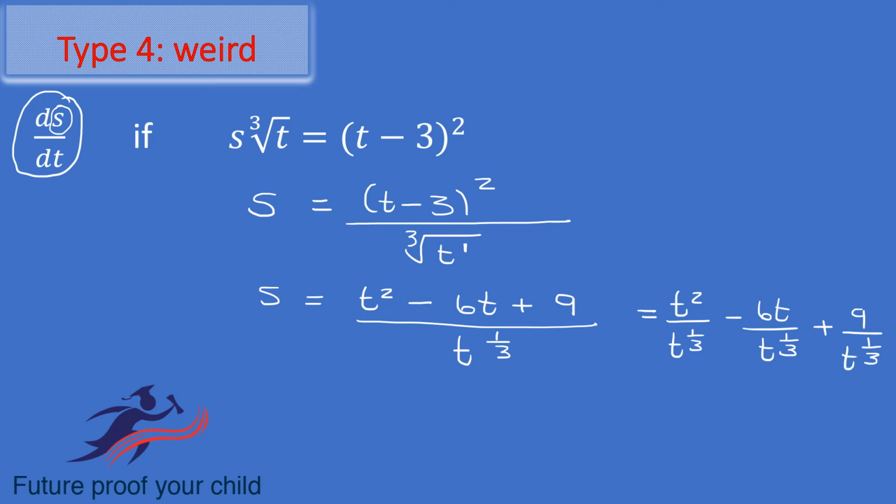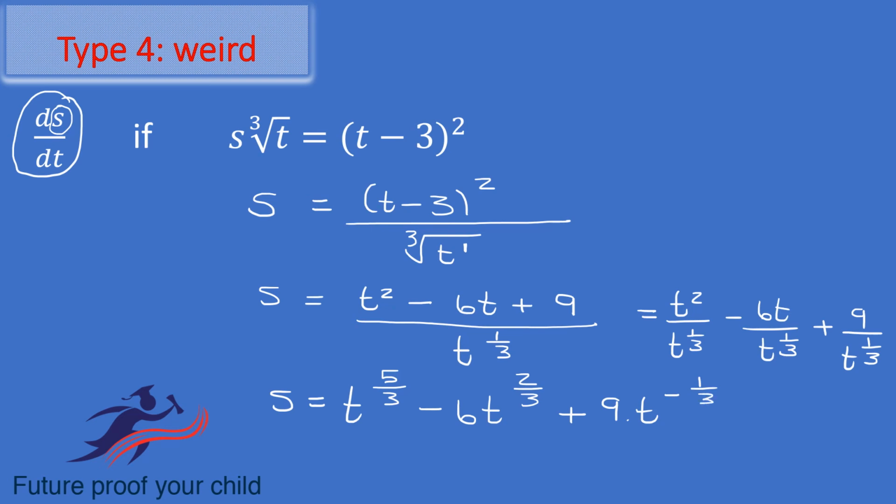So then I can have s equals, now remember your exponential rules, so when you divide, you subtract the exponents, so you will have 2 minus a third, and 2 minus a third gives you 5 over 3. Then it will be minus 6t. 1 minus a third gives you 2/3. Then you will have 9 times t to the negative a third.